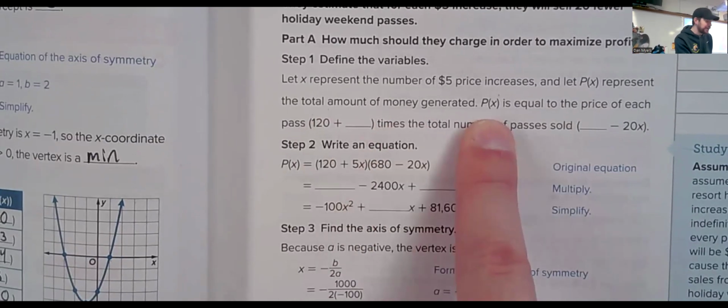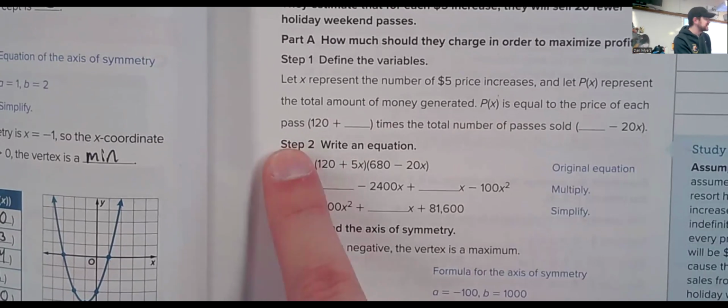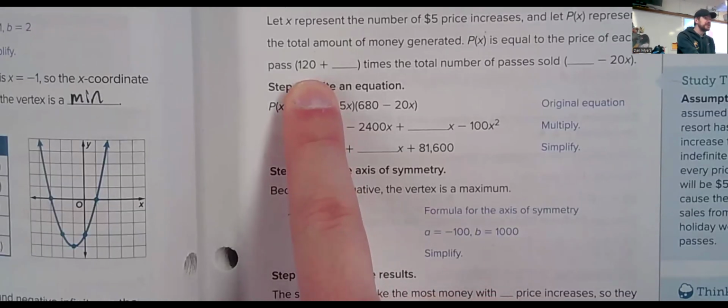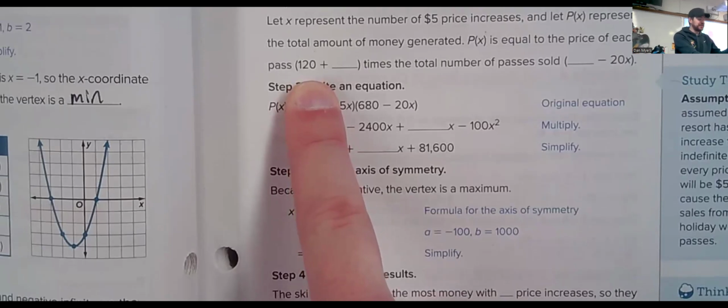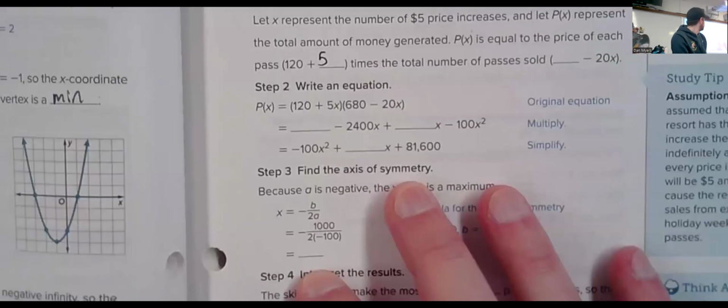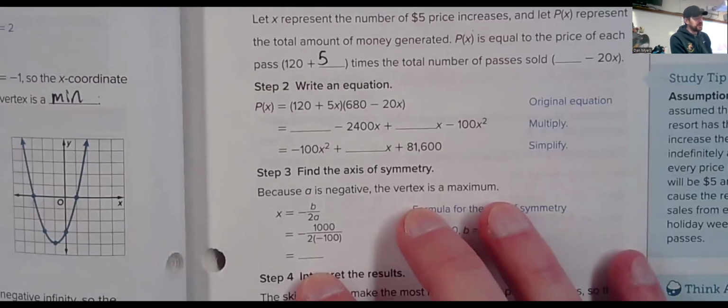P of X, the Y value, the amount of money they're going to earn is equal to the price of each pass. So the cost of the pass here was $120. And then we added $5, and then we added 10, and then we added 15, then we added 20. So they were $5 increments. And then we had multiple increments.